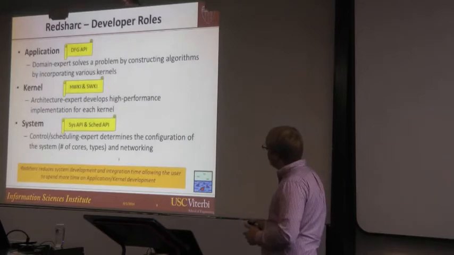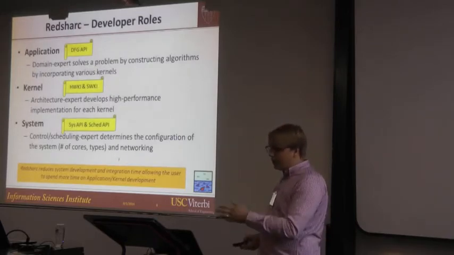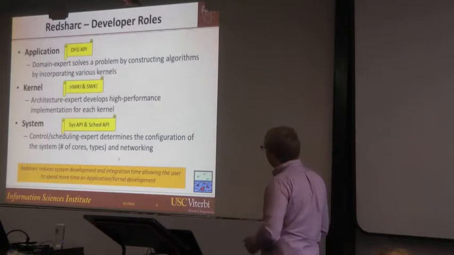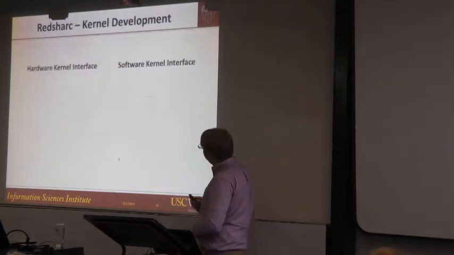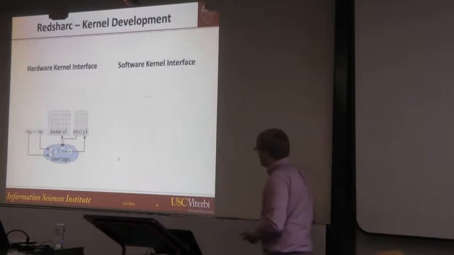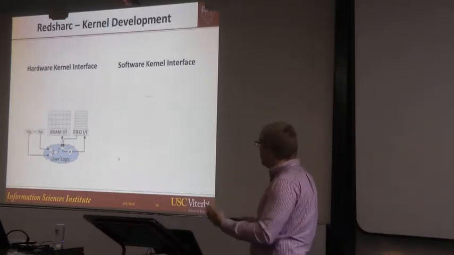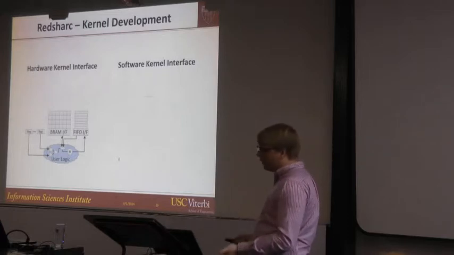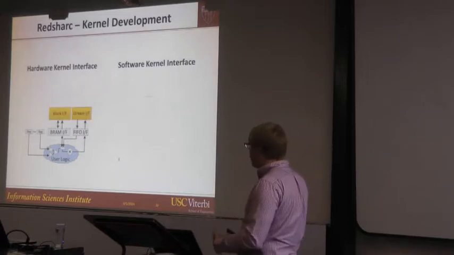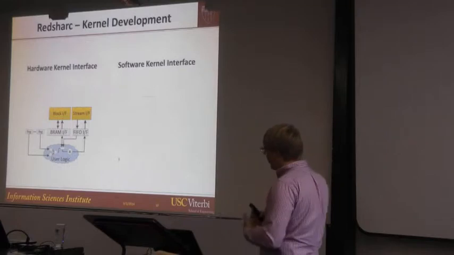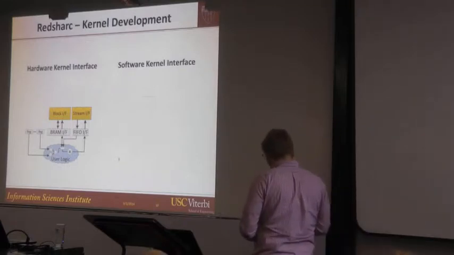So we'll start with the kernel developer hardware software interface. This is something that's been done before, but I'll touch on it just to give you the background moving forward. If you're a hardware kernel developer, you start with your user logic, you connect your memory that you're going to operate on, then you can abstract where the actual location of the memory is. So you can use the same VRAM interface for your logic, but then at the back end it's connecting to this block and stream interface.